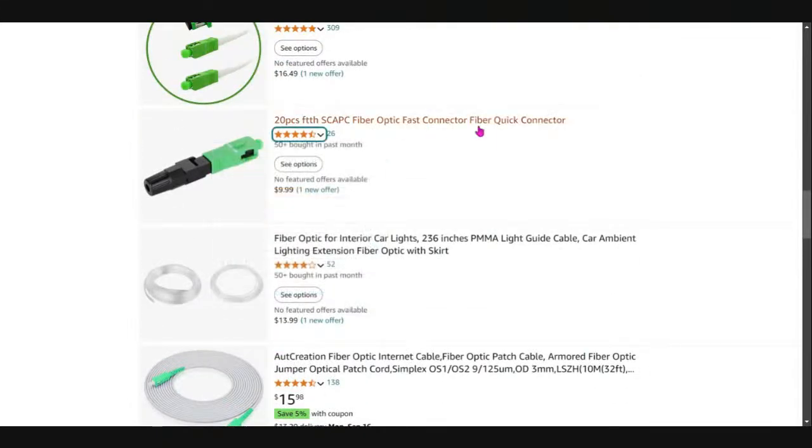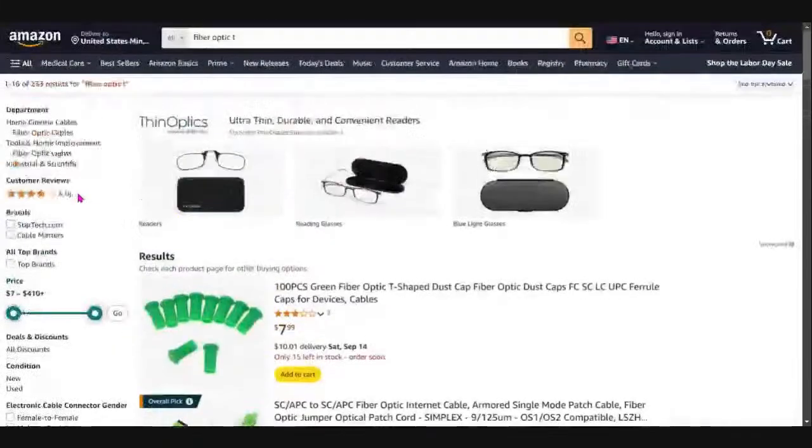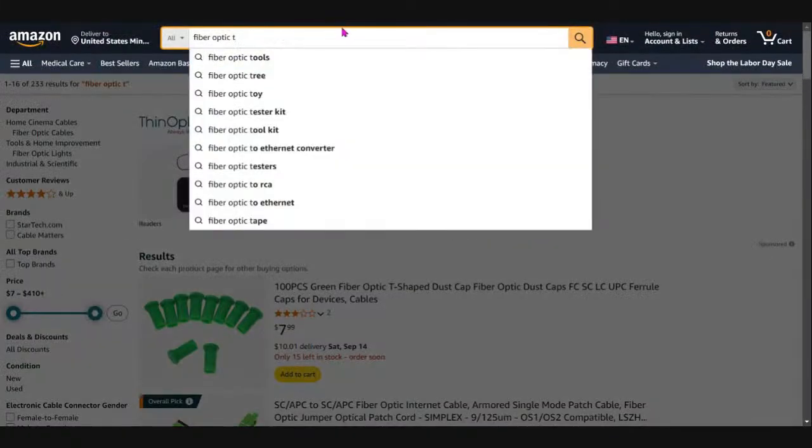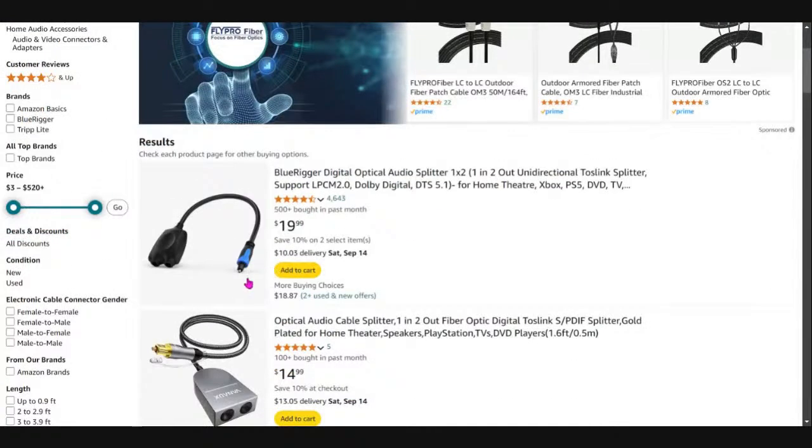The fiber optic fast, it's a connector. No, what we need is a splitter. Oh, there is a splitter, there is. So this is a splitter. So the input's 1 and there's probably, I don't know how it splits it.